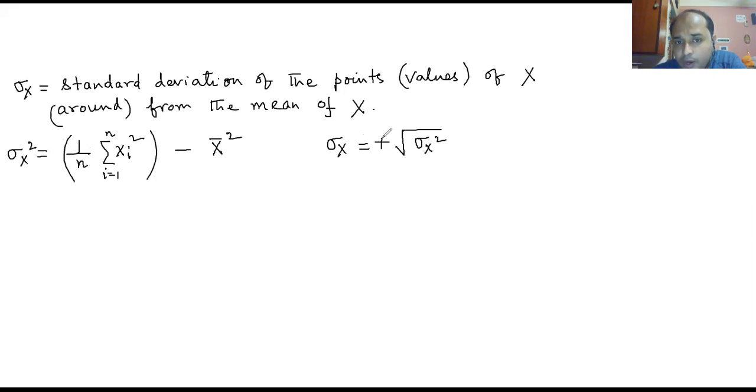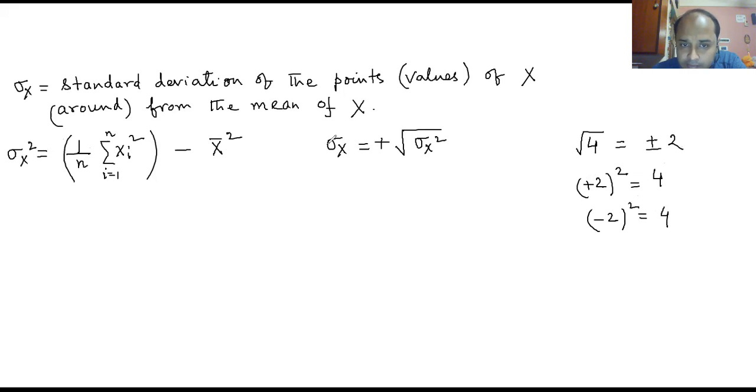Why have I written plus over here? Because when we take the square root of 4, we actually get plus minus 2. When we take the square of plus 2, that is 4. When we take the square of minus 2, that is also 4.